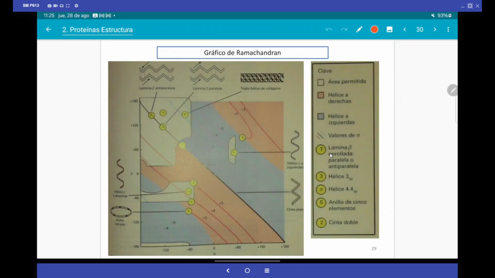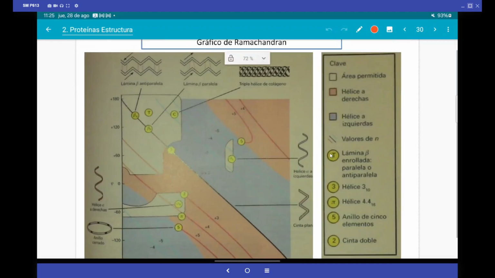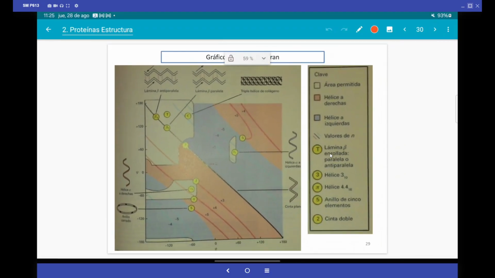Excuse me, this I have to update, and now there are many images of a higher quality on the internet. So I apologize that I have this scan here, and what I want to show here is the Ramachandran graph. You have probably seen it, or worked with it at some point. It is nothing more than a graph that has two axes, with the psi angle and the phi angle.